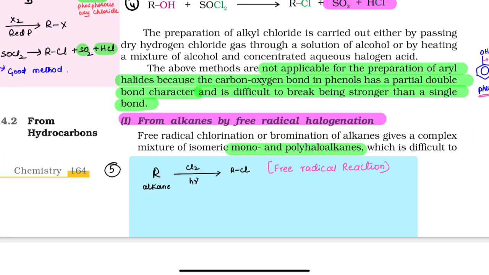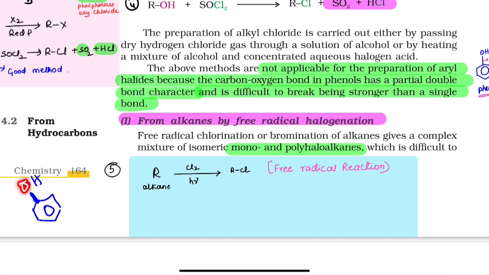Next, the above method is not applicable for the preparation of aryl halide. Aryl halide means the halogen is attached to a benzene ring. We cannot prepare this because the carbon-oxygen bond in phenol has partial double bond character.